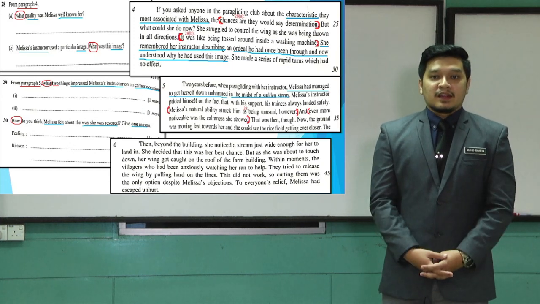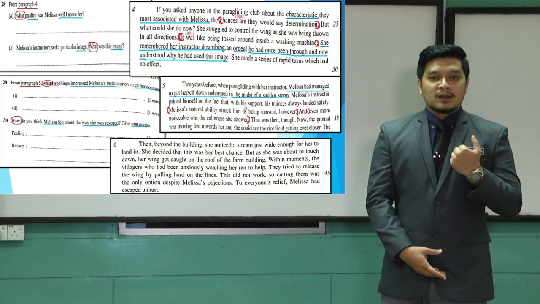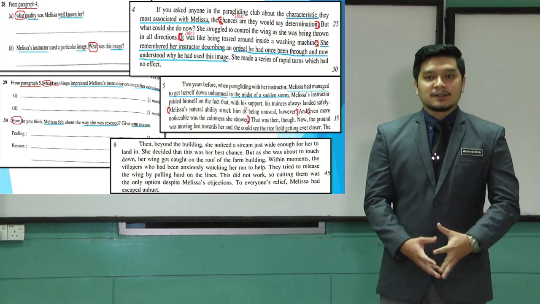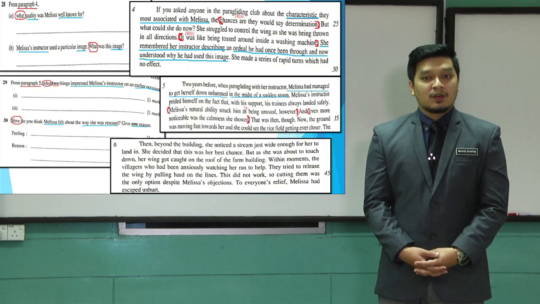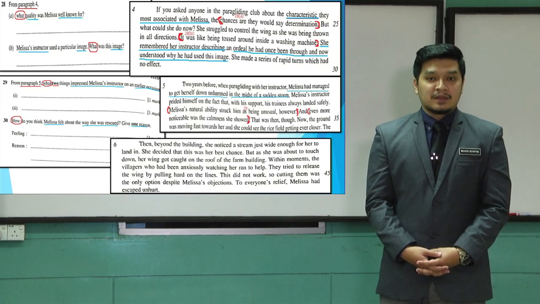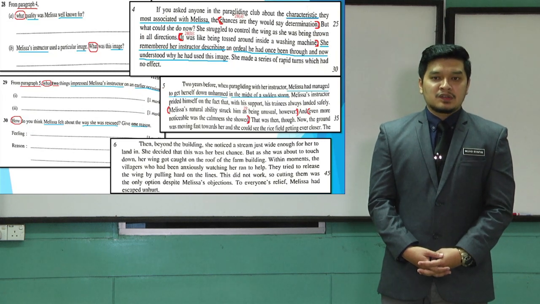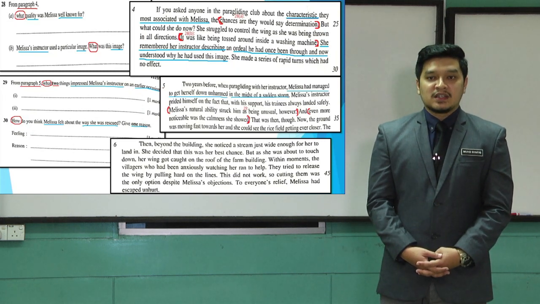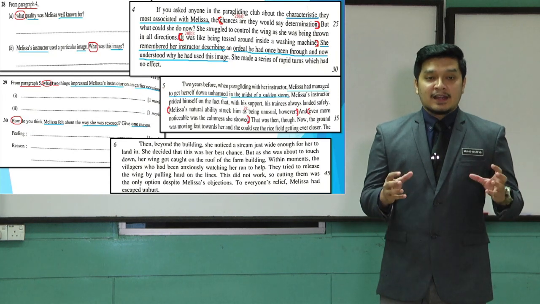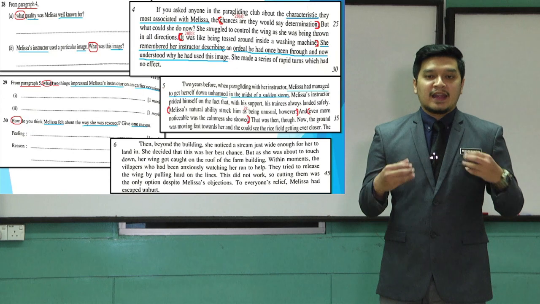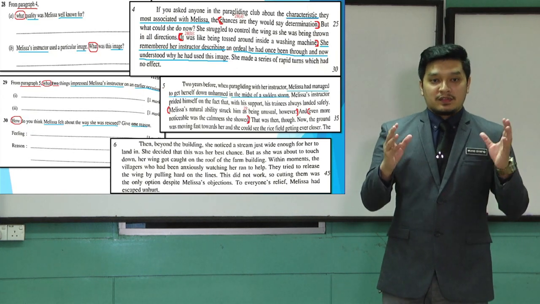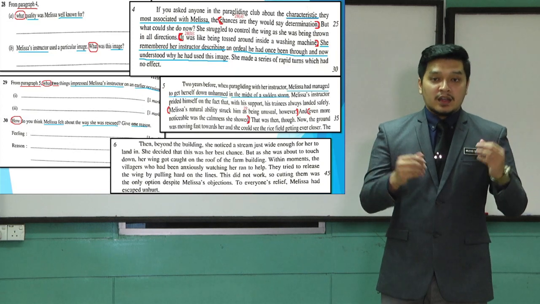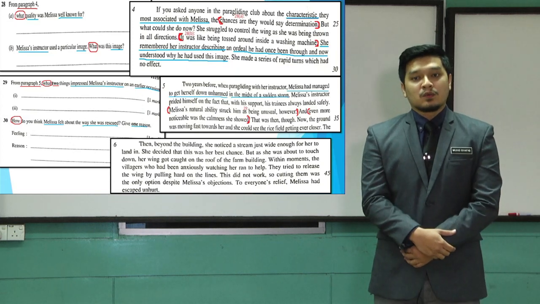So let's move some steps back to find the answer. She struggled to control the wing as she was being thrown in all directions. That is not an image. It was like being tossed around inside a washing machine. That is the answer, because the line indicates an action of being spun around inside a washing machine. So that is the answer. You just copy everything. It was like being tossed around inside a washing machine.